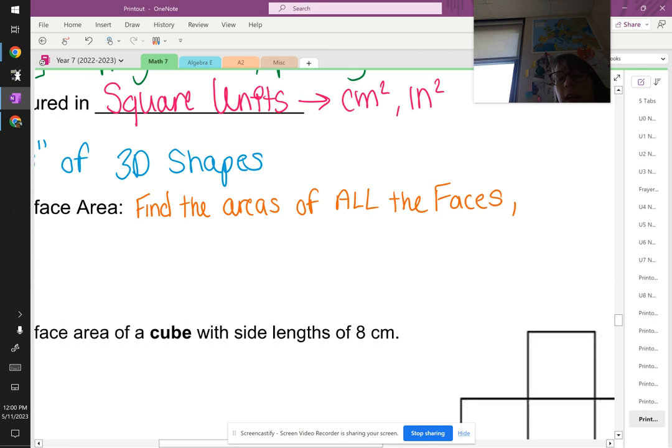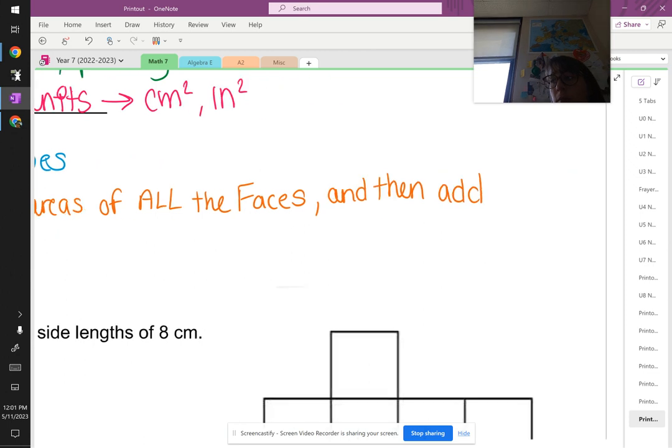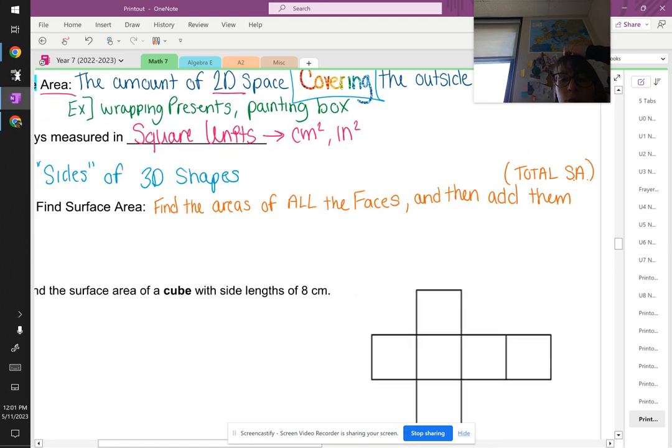So you're finding the areas of all the faces, there will be multiple of them, and then you add them together. And of course adding them gets you your total SA. SA standing for surface area. We'll use that abbreviation quite a bit.